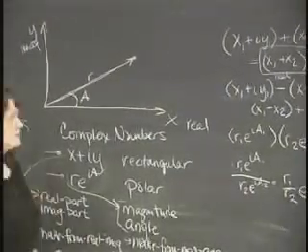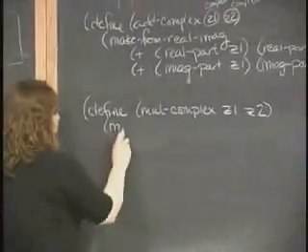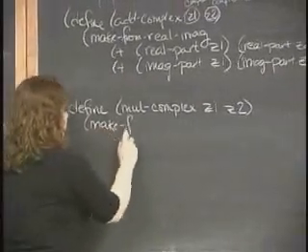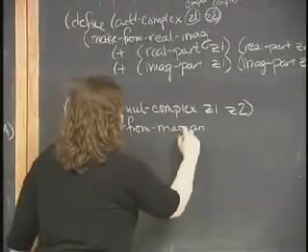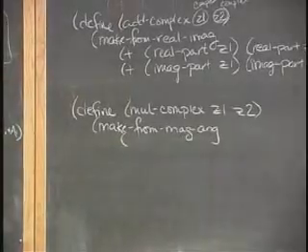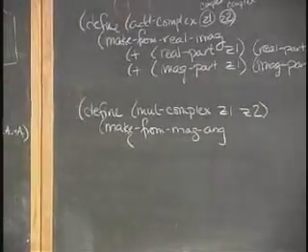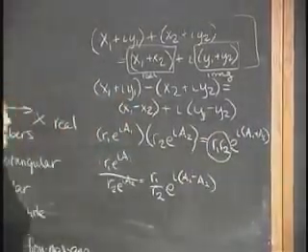So what are we going to do? From magnitude and angle. Okay, so the first thing we need to pass to our constructor is the magnitude, which will be the magnitude of the first times the magnitude of the second.